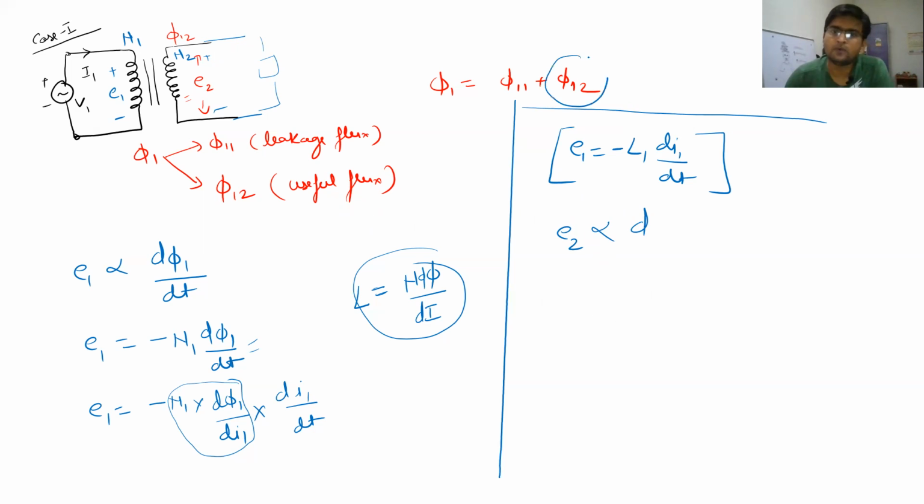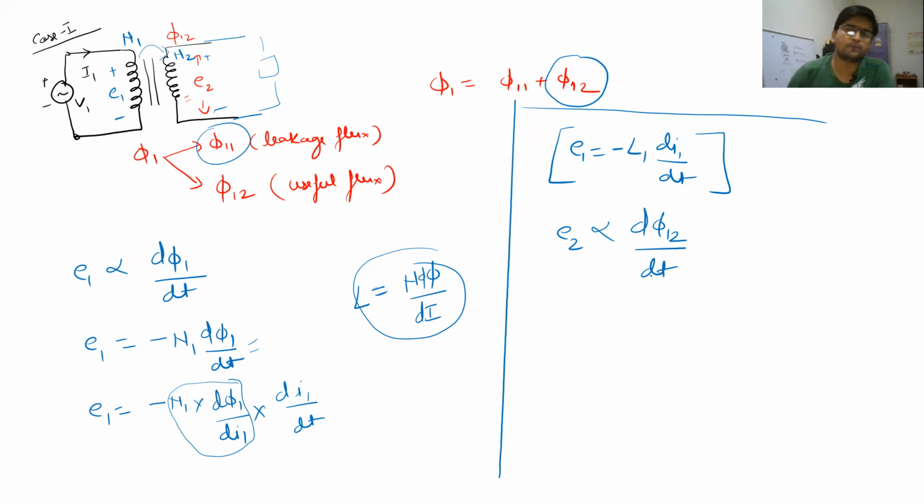This phi 12 is the flux that is being transferred from the primary to secondary, and this phi 11 is wasted. So you will only take E2 as d phi 12 divided by dt, not the whole d phi 1, only d phi 12, because phi 12 is the useful flux that is being transferred from the primary to the secondary side.